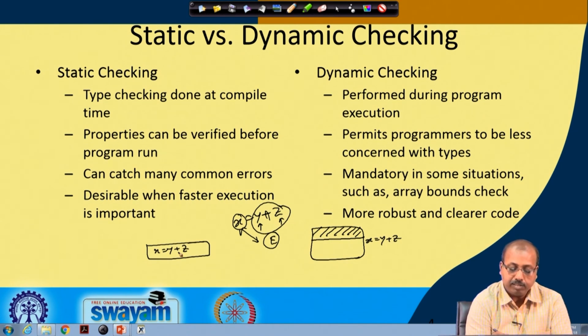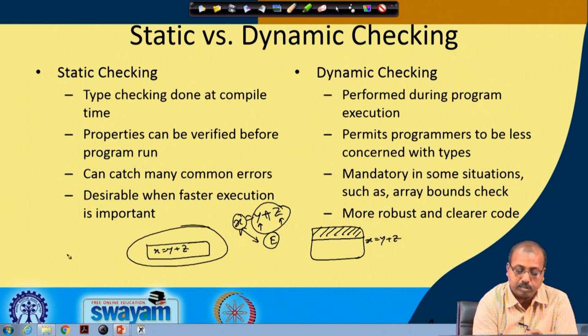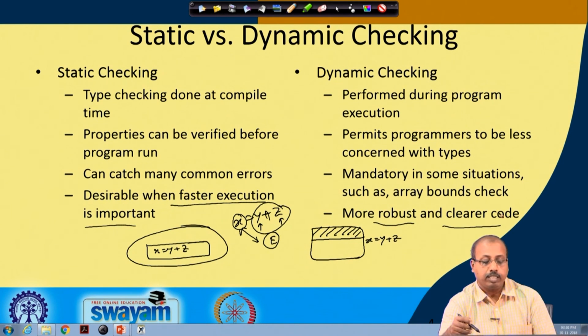So this way you see that static checking is desirable because it can lead to faster execution, whereas with dynamic checking the execution will be slow, but it will be more robust and the code is clear. Like in the C language, as I was telling, we cannot have the array bounds check because it does not have dynamic checking.